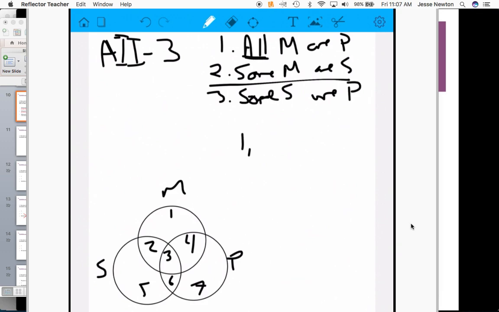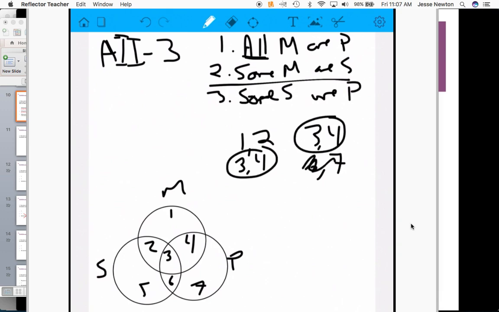And I am going to list this out for reasons that will become apparent. But 1, 2, 3, 4 are M, all M are P, which is 3, 4, 6, and 7. We locate the regions of overlap. Now we're saying all are in 3 and 4, which means none is in 1 and none are in 2.